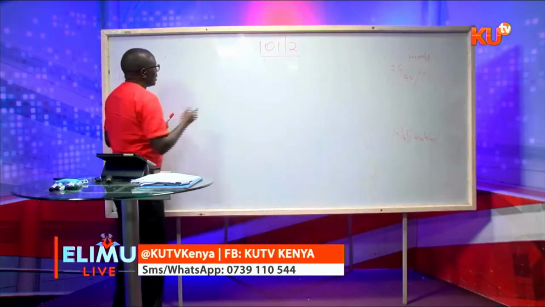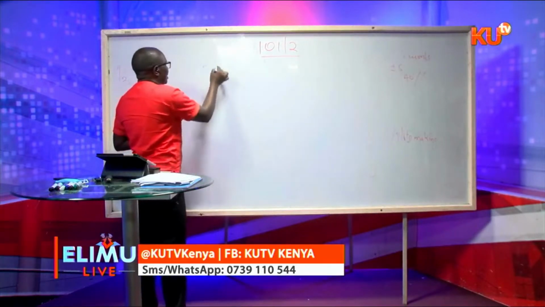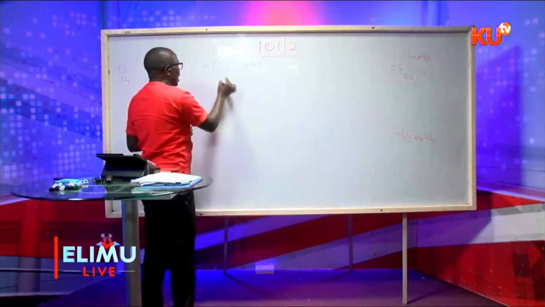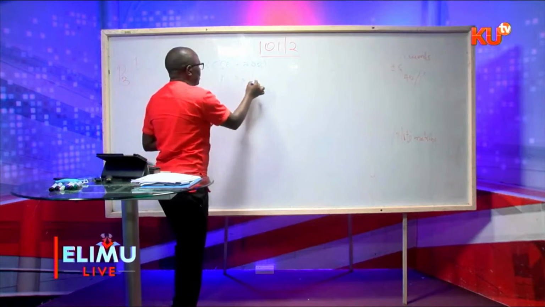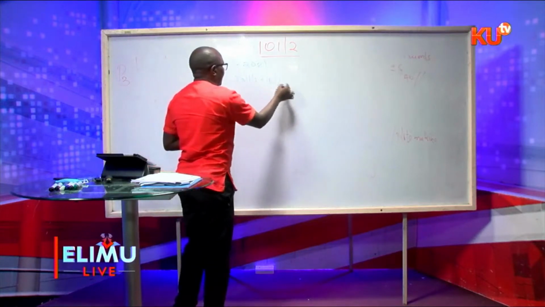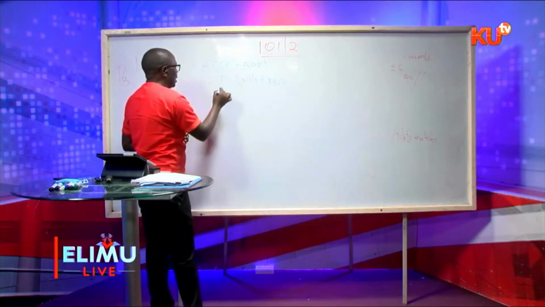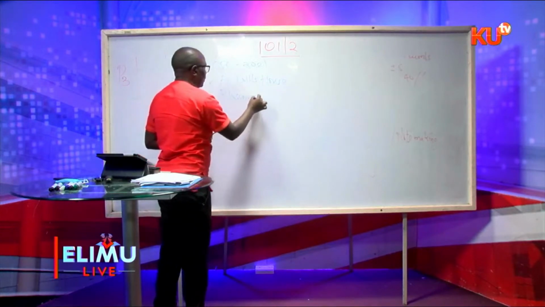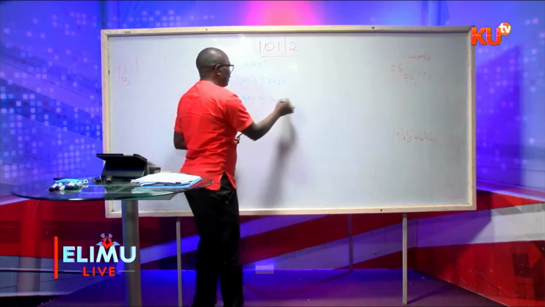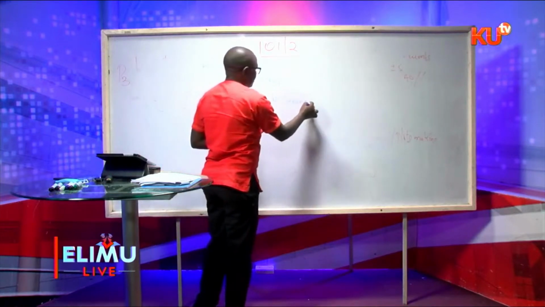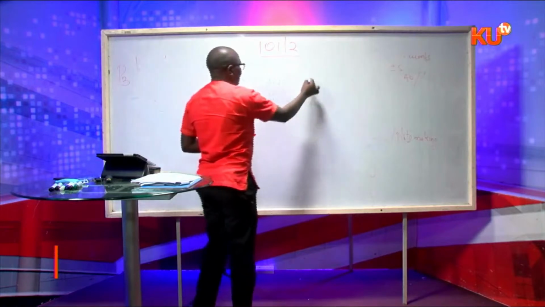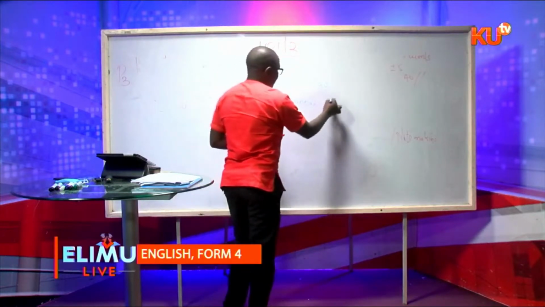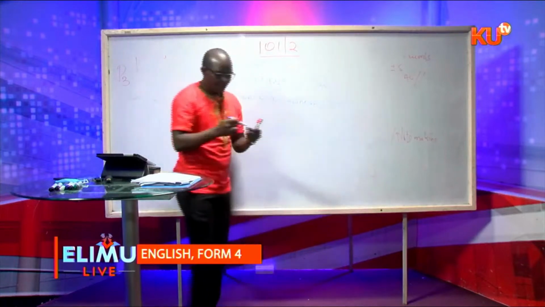So the 2 books that will be examined in KCSE 2021 compulsory include A Doll's House and Blossoms of the Savannah. So this is a play, and this is a novel.